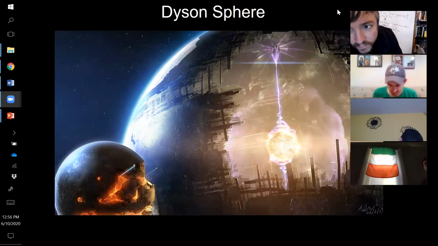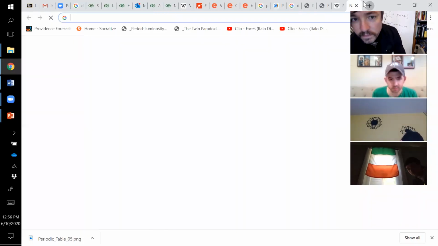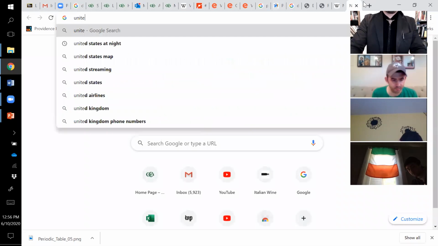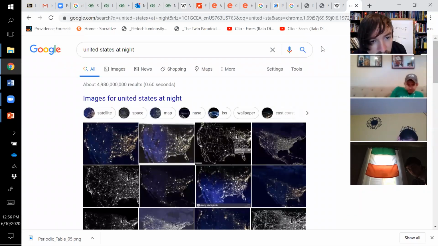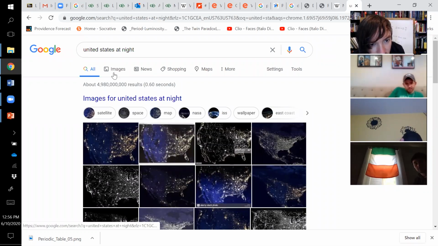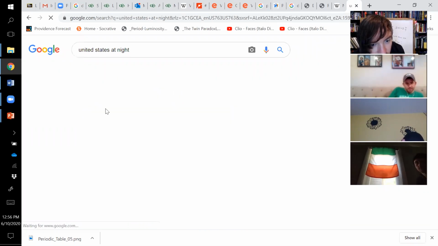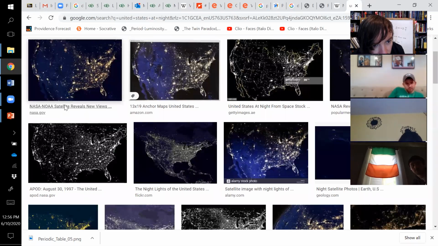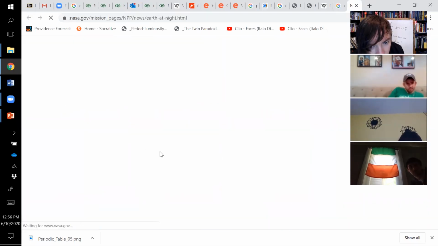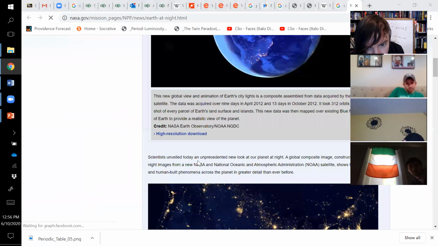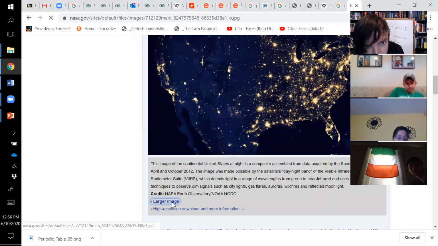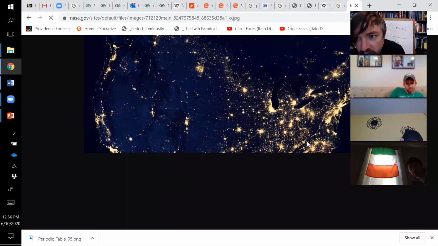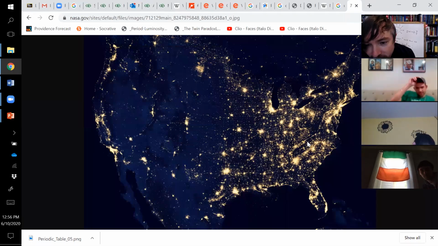Let's look at a fun picture here. Kind of a cool image from NOAA. Here's the entire United States seen at night.